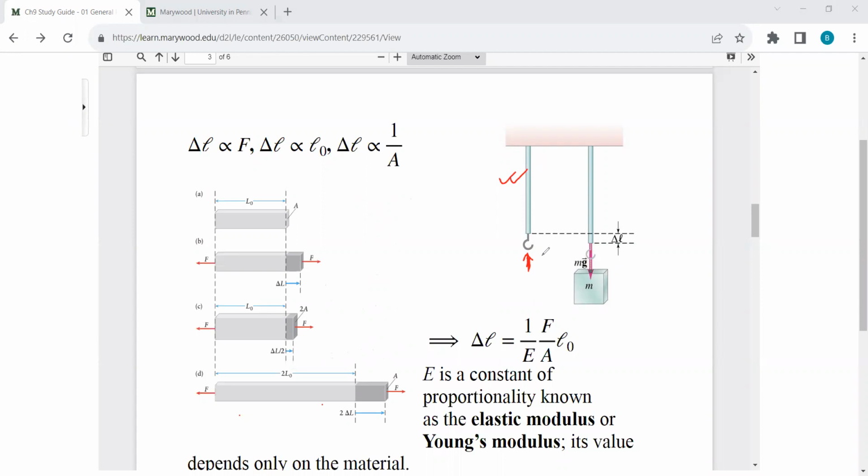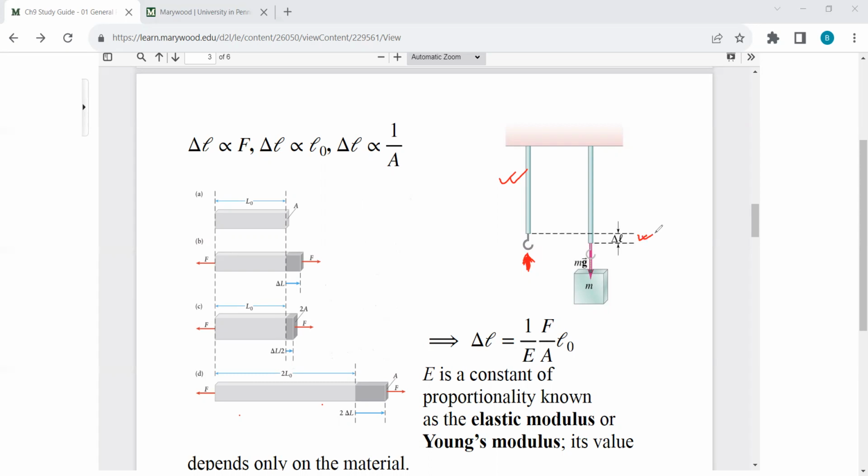Adding mass means you are applying some gravitational force. Experimentally, we found that because of the force you applied on the hook, this metal rod extended by some amount. Let's say it extended by delta L.